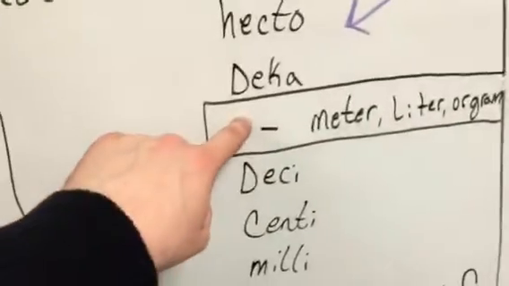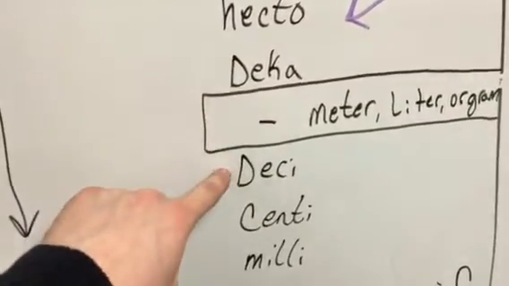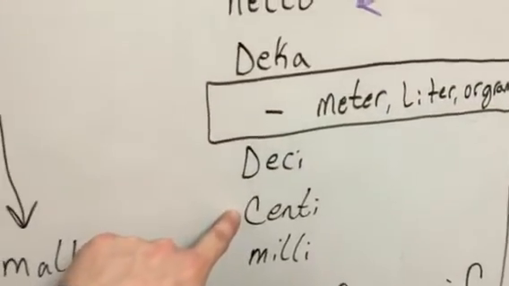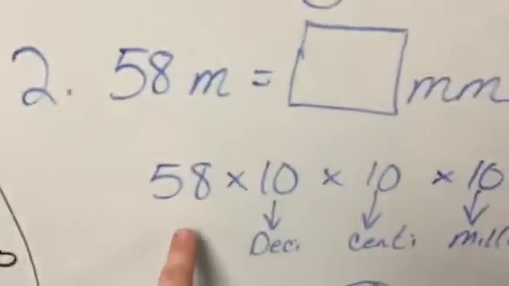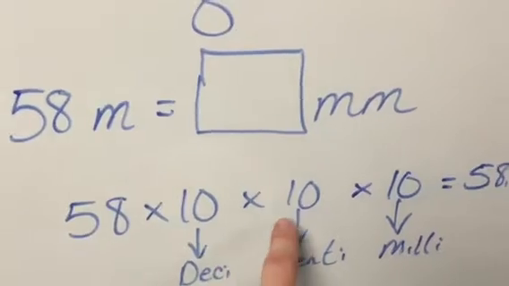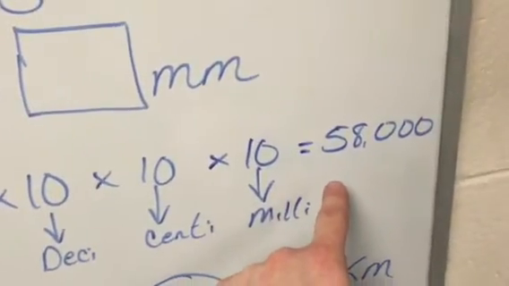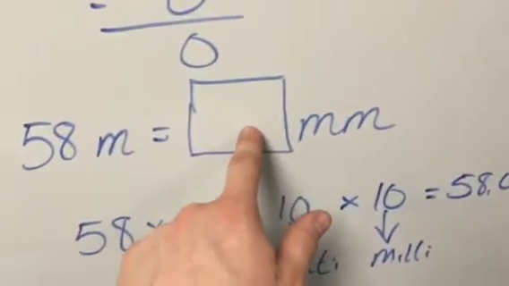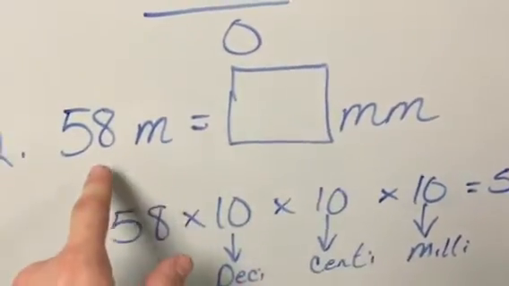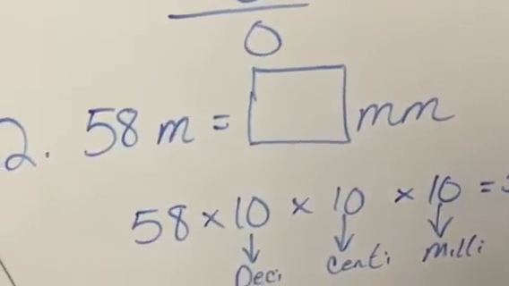So we start here at meters, we multiply by 10 to get here, by 10 to get here, and by 10 to get here. So I have 58 times 10 times 10 times 10, and that equals 58,000. So there are 58,000 millimeters in 58 meters.